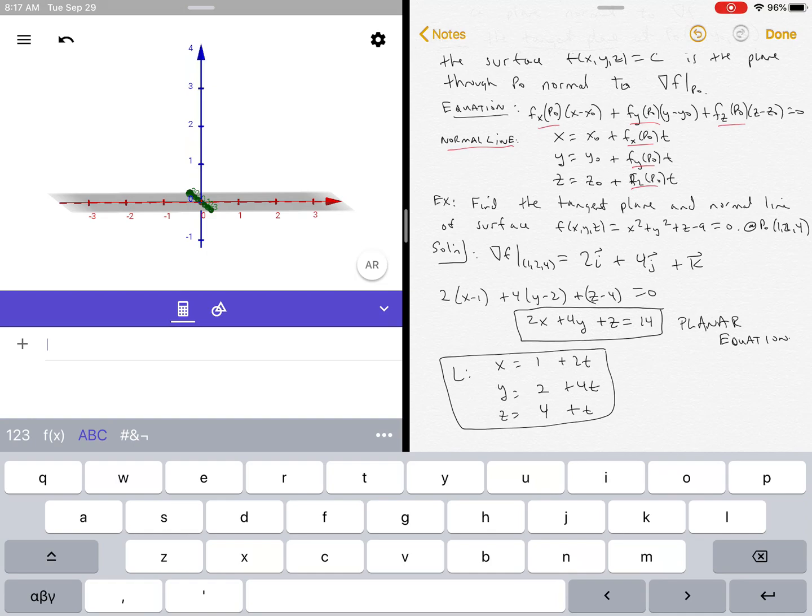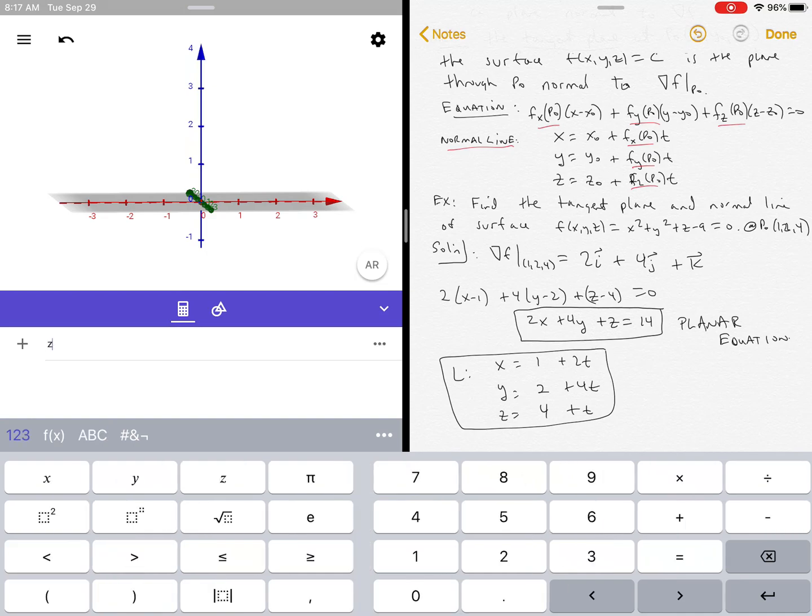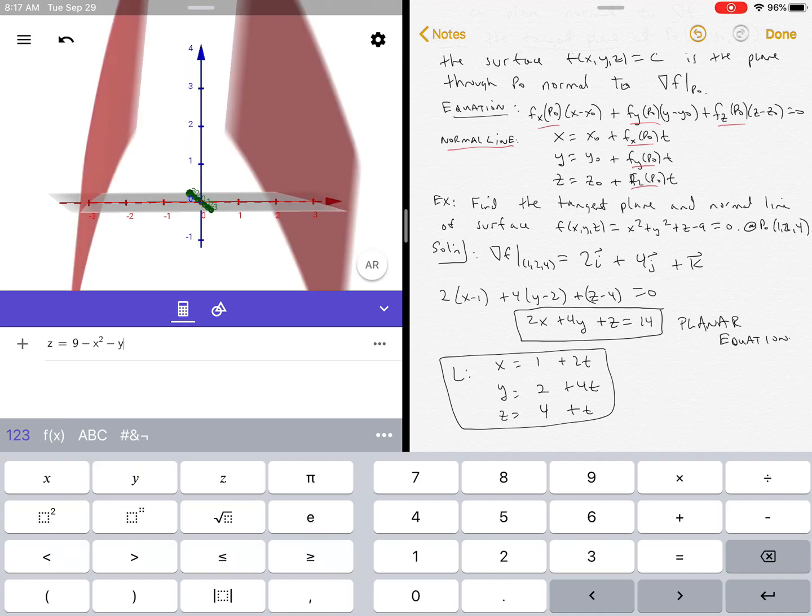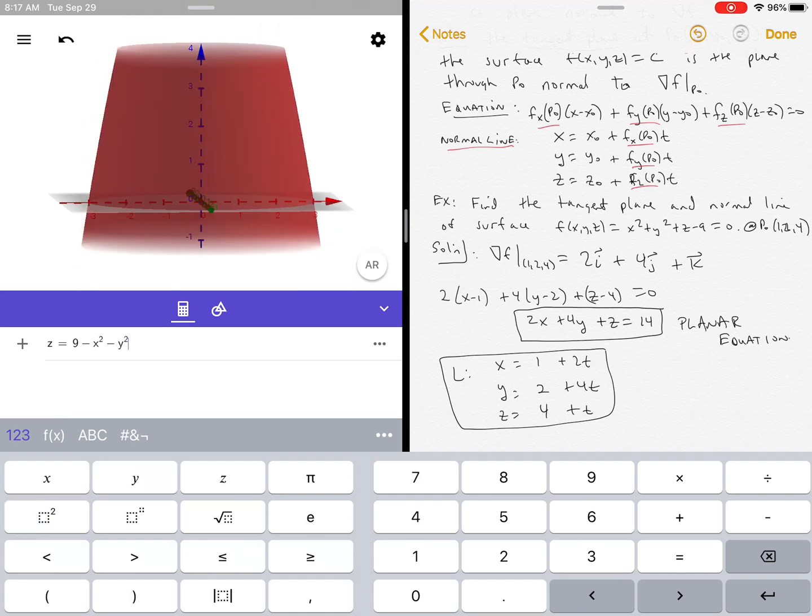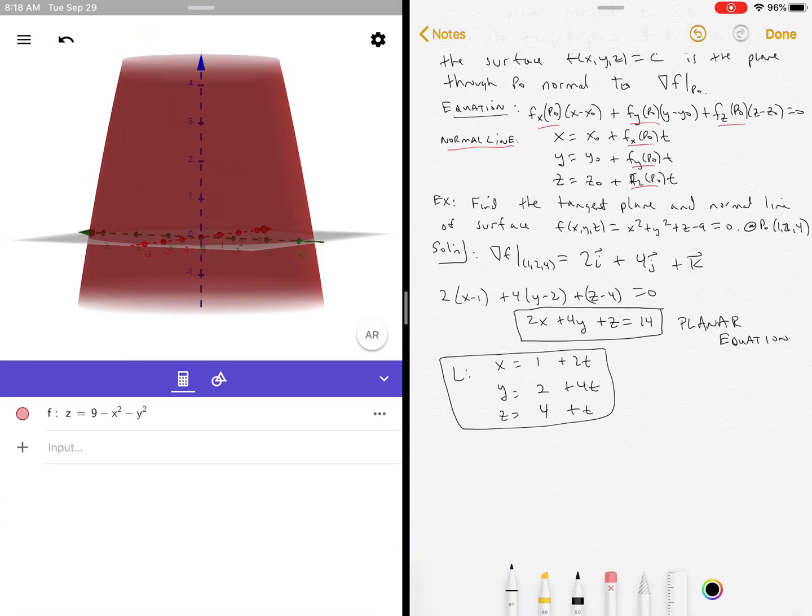Solving that for z, you get z equals 9 minus x squared minus y squared. And can I make this bigger?